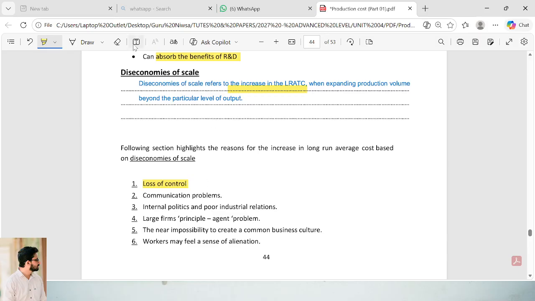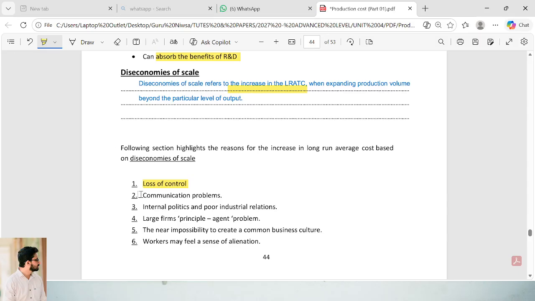These reasons create some inefficiencies in the production process, resulting in a rise in long run average total cost. That's it. We don't know anything about profit. Yes, the profit level might decrease, but it's not our job. I'm not going to give any comment on profit. Here I can say only that average total cost rises.